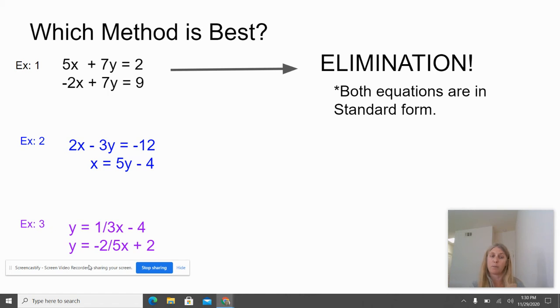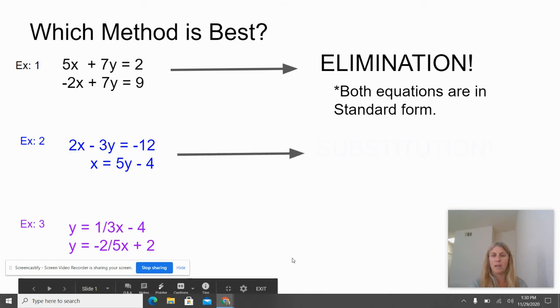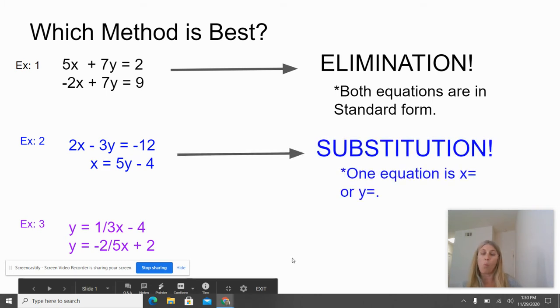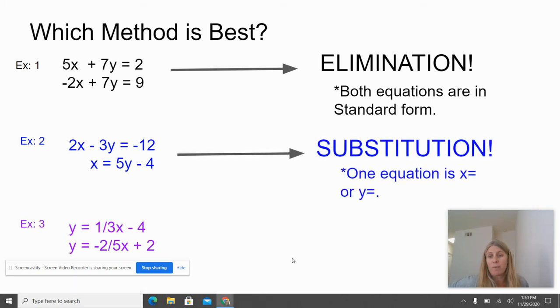After we solve for y, we're going to plug that back into our x equals equation and solve for x. So for this system, substitution is going to be our best technique. That's because at least one equation, they can both be in this form, is x equal or y equal. So let's take a look at that third system.